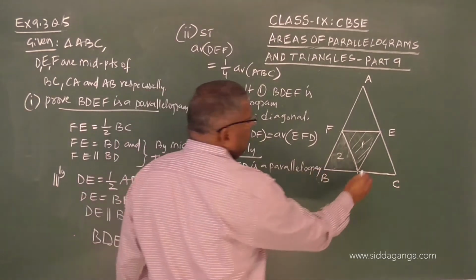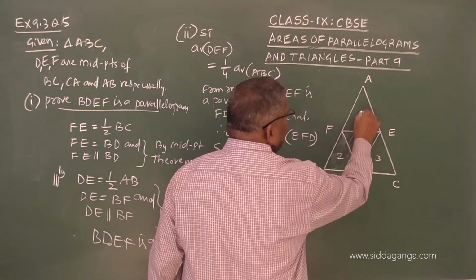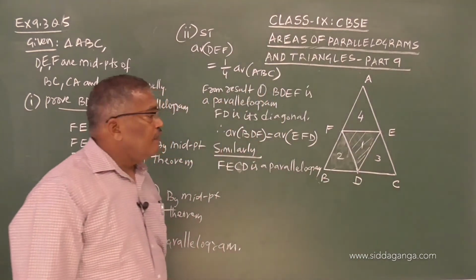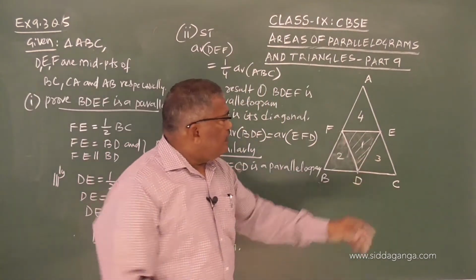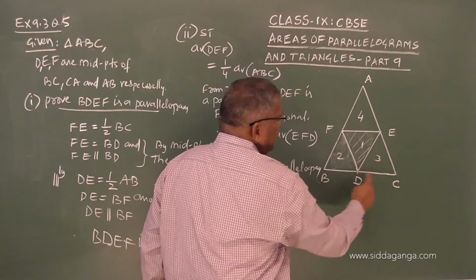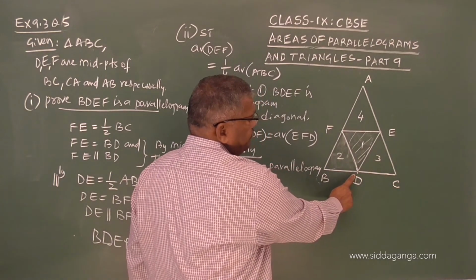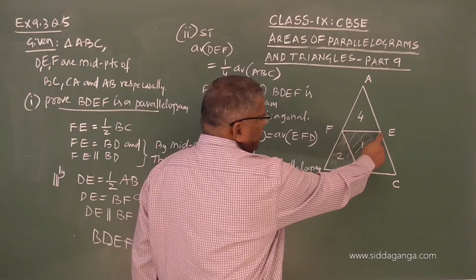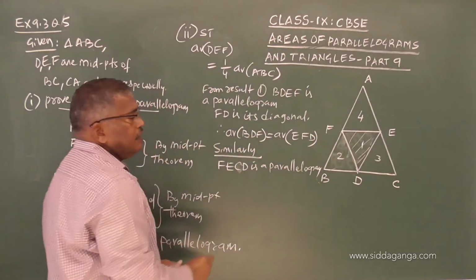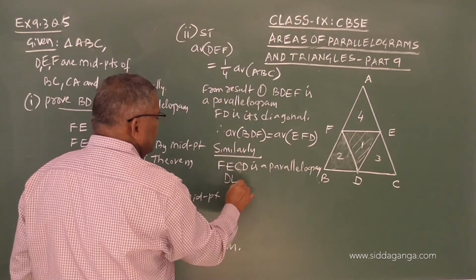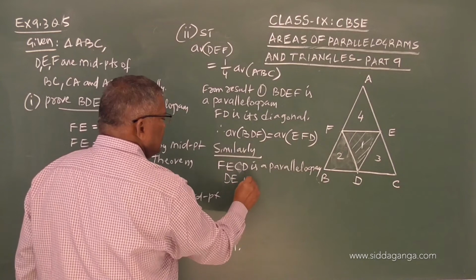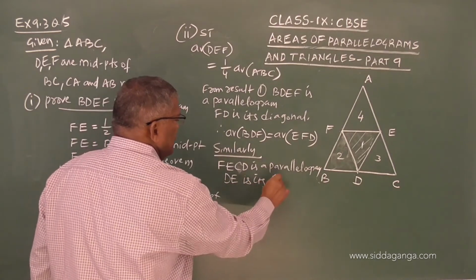FECD is a parallelogram. I will call this 3 and this 4. Now, this portion FECD is a parallelogram and DE is its diagonal.